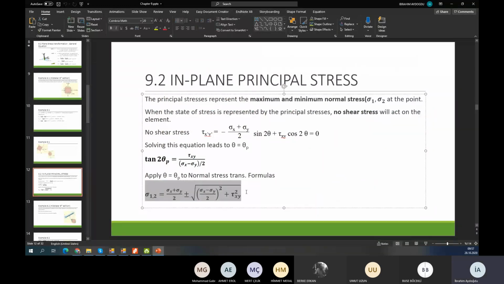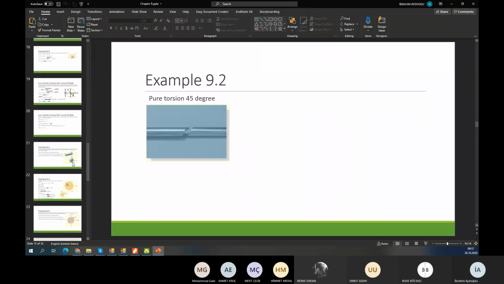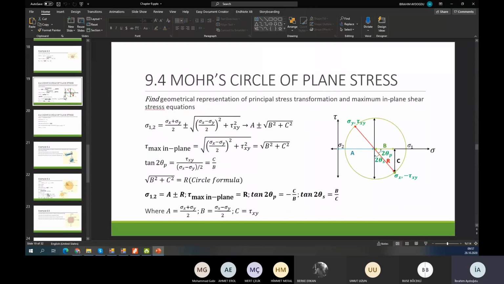I can use this formulation. Just only apply this formulation. This is the first strategy. Second strategy is Mohr's circle. Okay, this one. I prefer to use Mohr's circle.